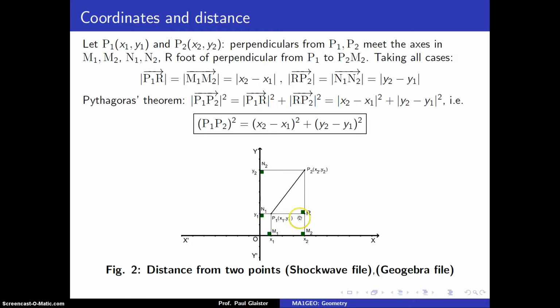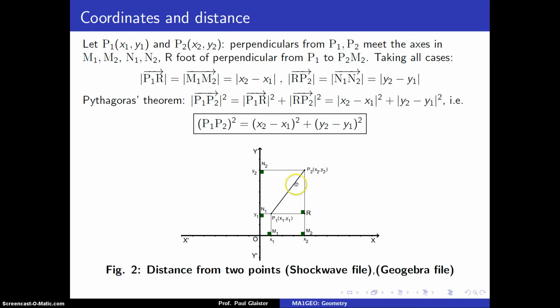The length of the base and the length of the opposite side here, so the height and the hypotenuse satisfy Pythagoras' theorem, and this length here is clearly the difference between x2 and x1, and this height here is clearly the difference between y2 and y1.